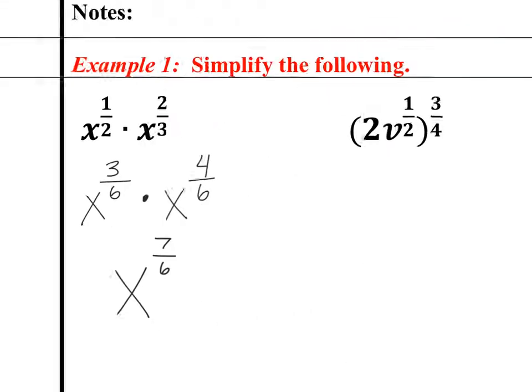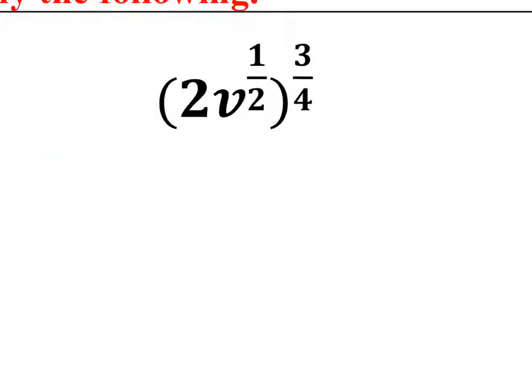Next one is power to a power. What do I do when I have power to a power? What do I do, guys? Multiply. That was better than the last one. Yeah, multiply. Remember, 2 also has an exponent. It has an exponent of 1. So you do have to multiply 3/4 to both the 1 and the 1/2.